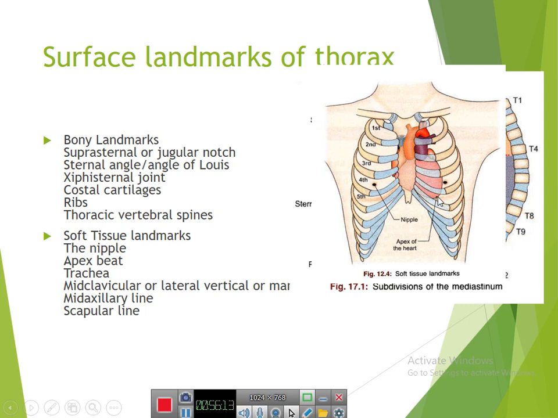It is a visible and palpable cardiac impulse in the left 5th intercostal space, 9 centimeters from the mid-sternal line, or medial to the mid-clavicular line. Here is the mid-clavicular line, and the apex of the heart, or apex beat, is located medial to the mid-clavicular line.